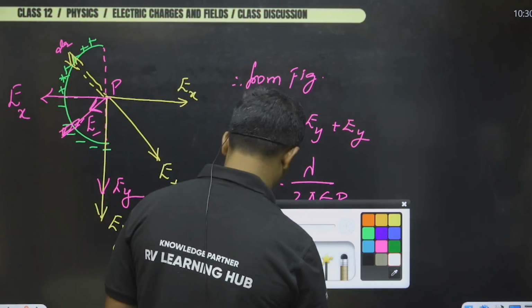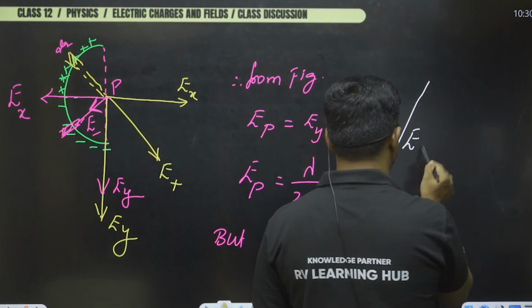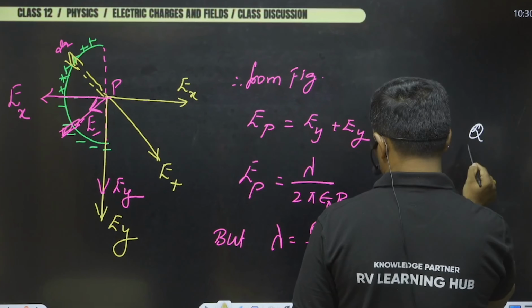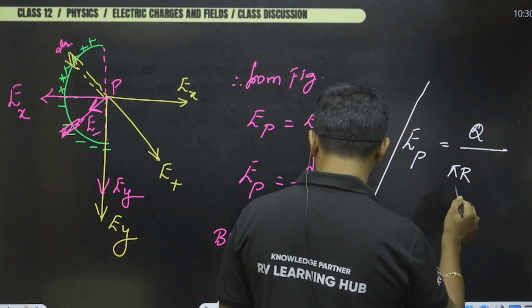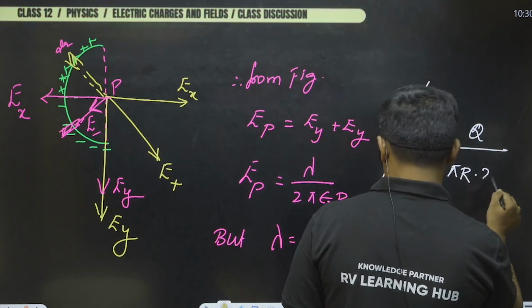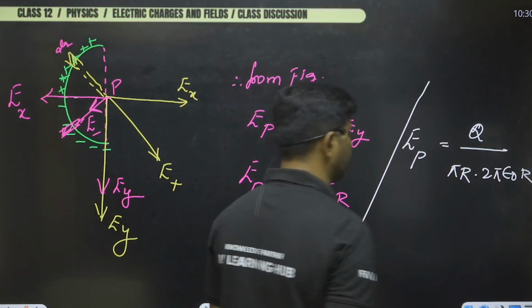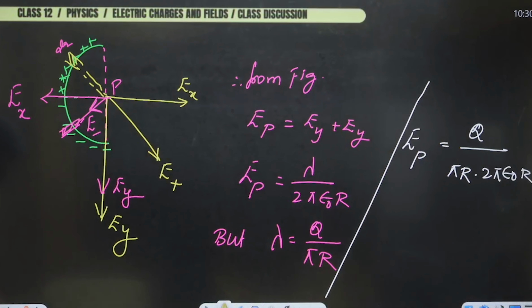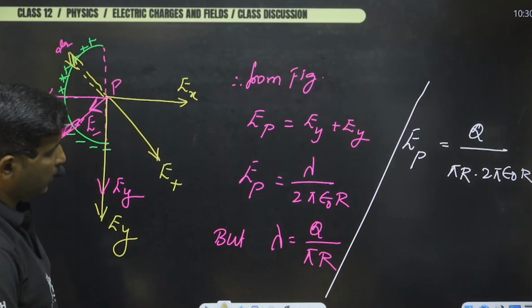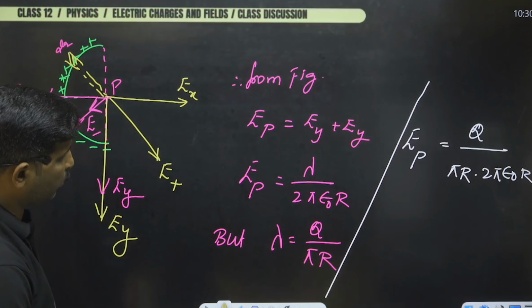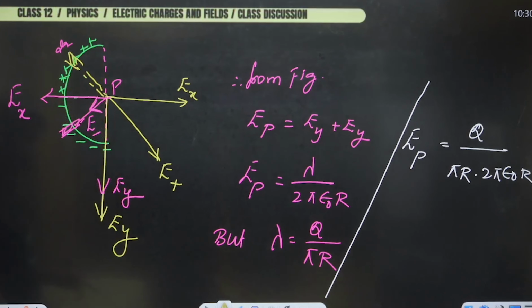So just substitute, you will get the answer here. Therefore, the field at the point P will be equal to Q divided by pi r into 2 pi epsilon naught into capital R. Whenever we do the calculation here, pi r in the sense, since we are calculating only half of that, we can go with pi r by 2.